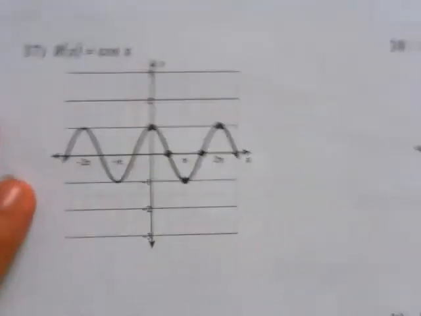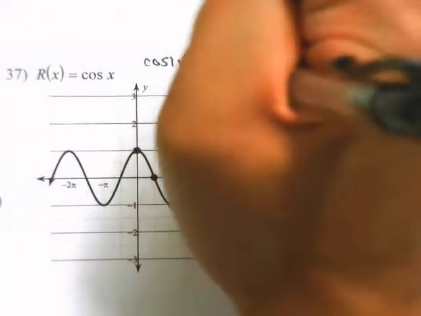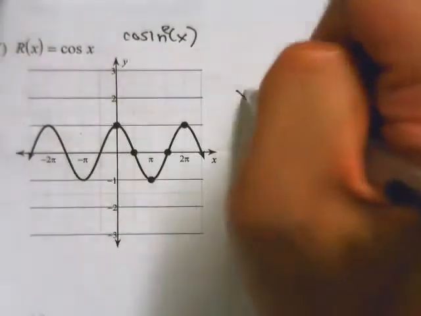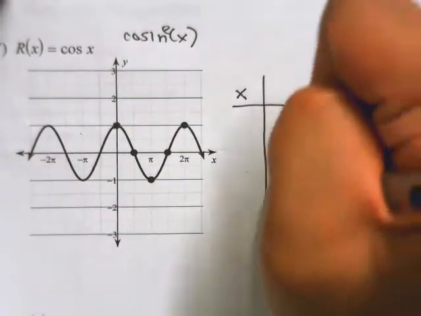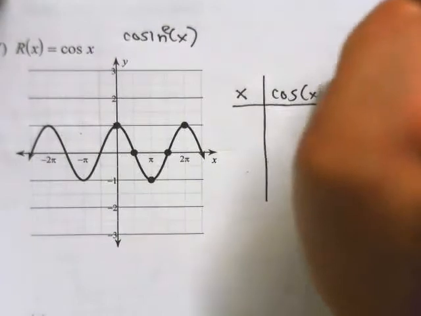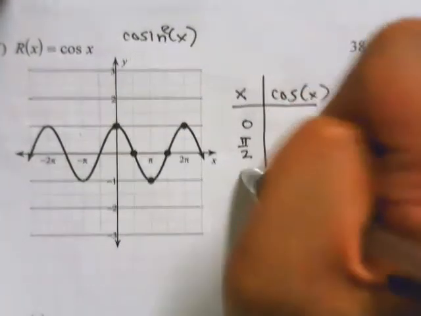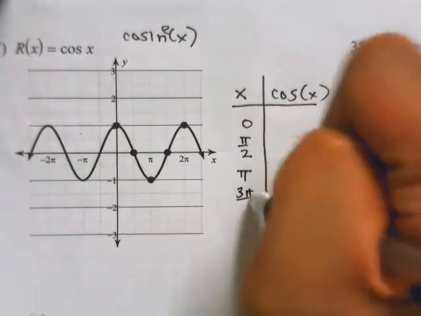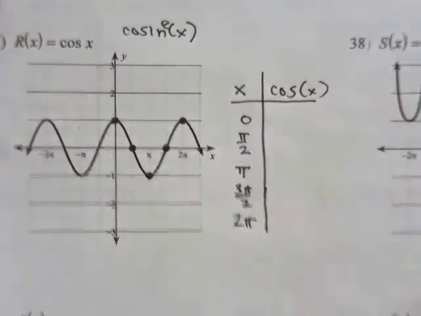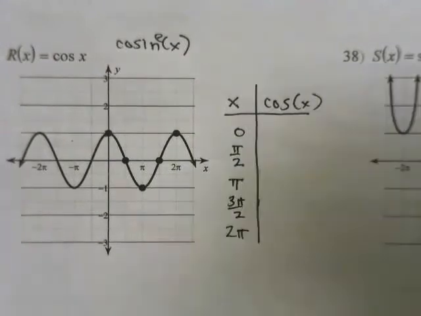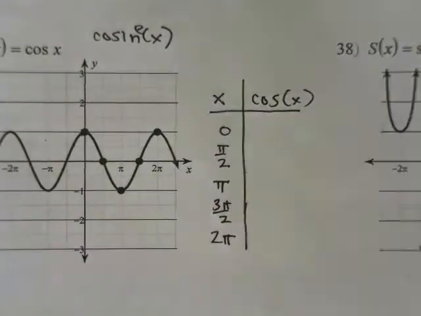So let's do number 37, cosine of x. Oh, sorry, and then we got that e over here. So this time around, I'm still plugging in the same numbers, 0, pi over 2, pi, 3 pi over 2, and then 2 pi. Okay, so 90 degrees, 180, 270 degrees, and then back to 360 degrees.